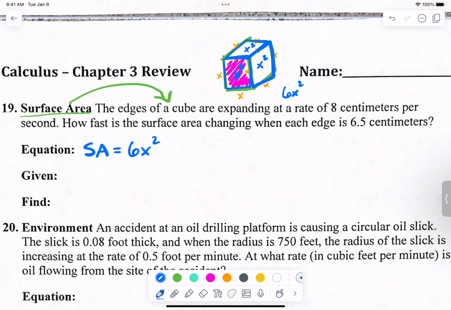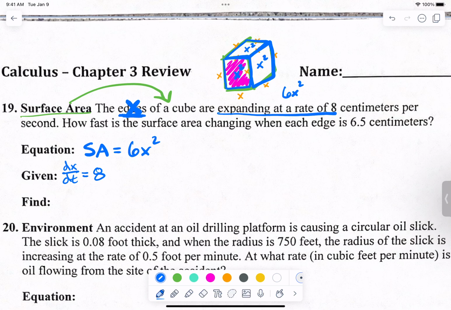Okay, the edges of a cube. What did we name the edges? The x's of a cube are expanding at a rate of 8 centimeters per second. That means what we're given is dx/dt. dx/dt is 8.